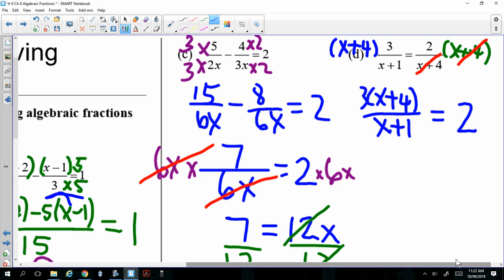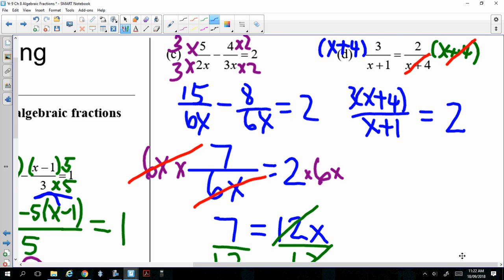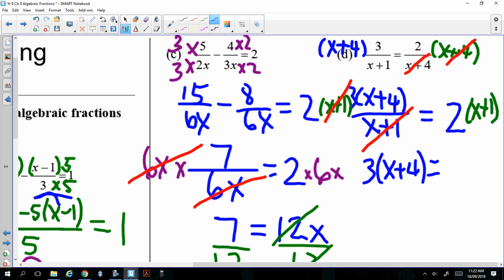Then you multiply both sides by x plus 1 to cancel the denominator on the left. So you end up with 3 lots of x plus 4 in brackets equal 2 lots of x plus 1 in brackets. The rest of the steps involve expanding, collecting like terms, and finding x.